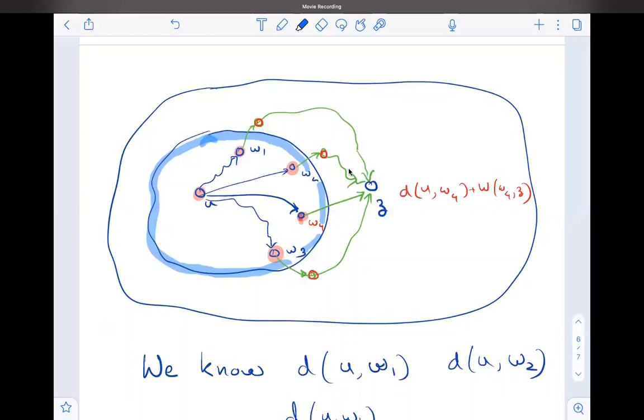And for every such vertex I can put a weight here, so I can put a distance, say d1, d2.